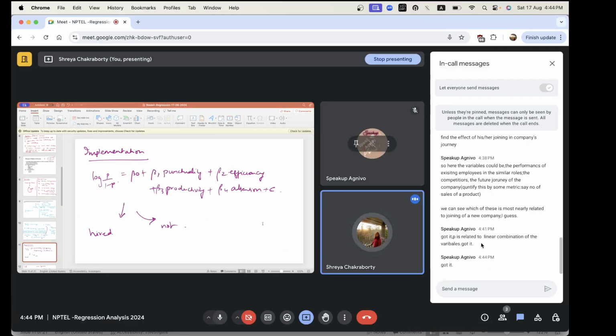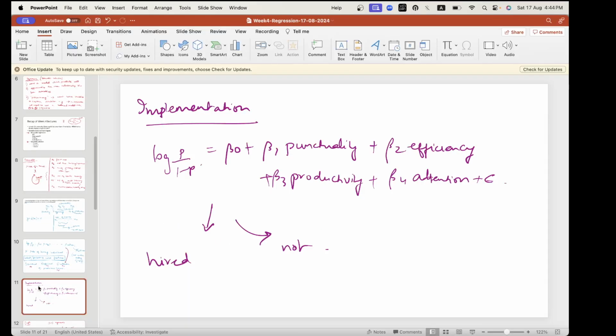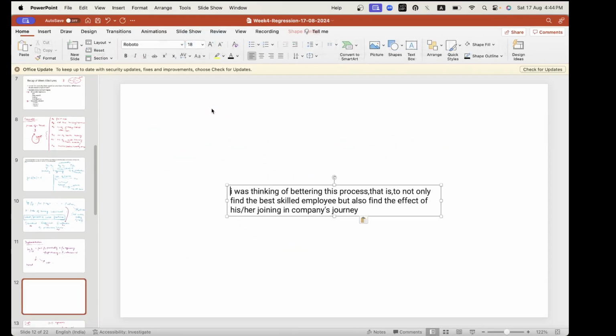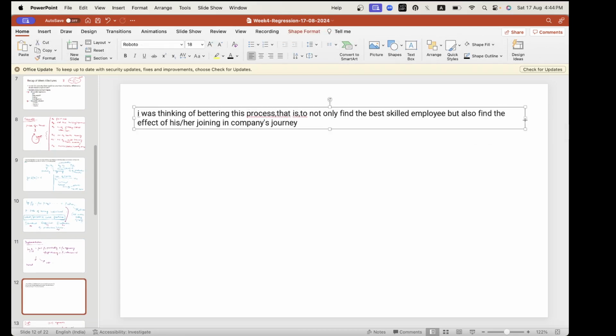Now coming to the second one, thinking of bettering the process so it will not only find the skilled employee here, but also find the effect of his or her joining in the company's journey. So this one is not that straightforward.